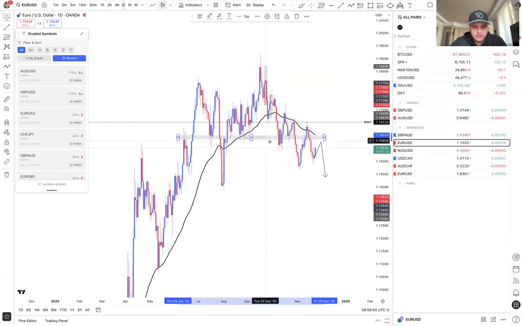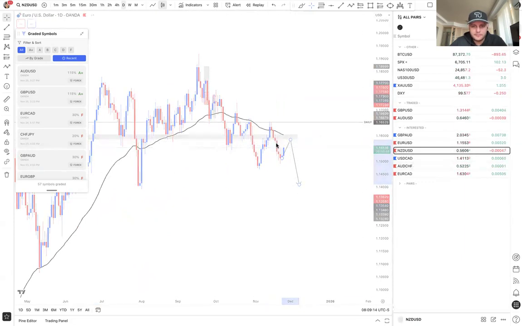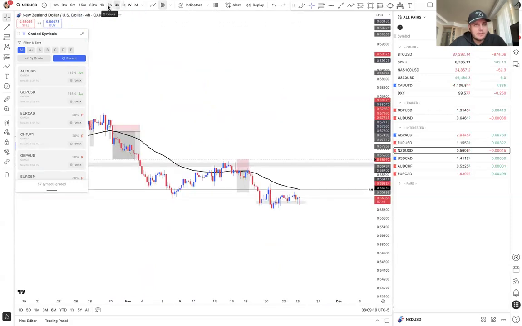So we have 1, 2, can include this one, 3, 4 structure points. Daily pullback to sell.